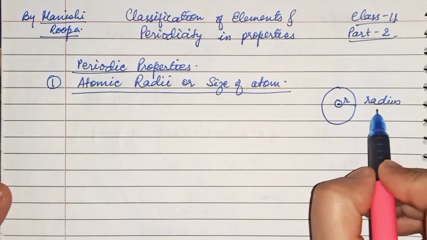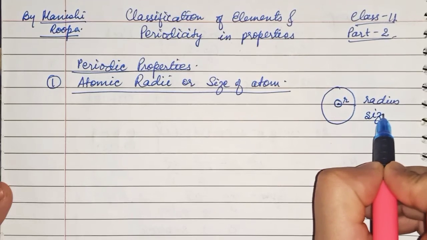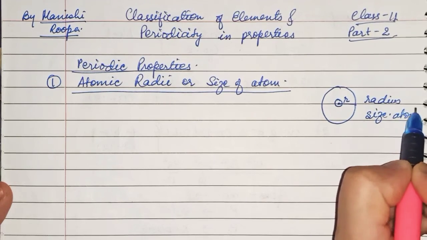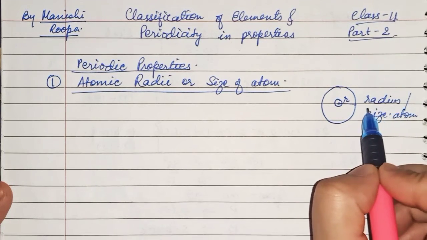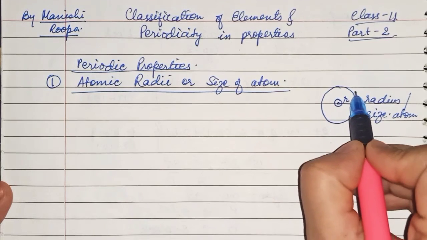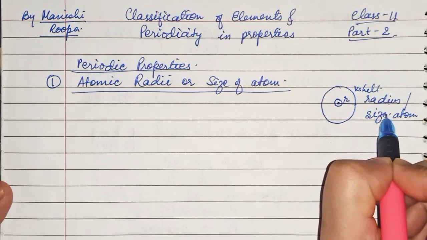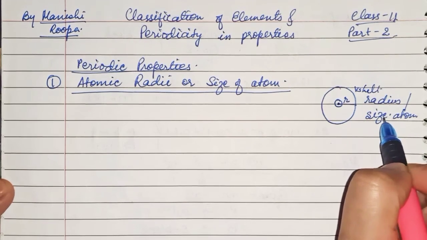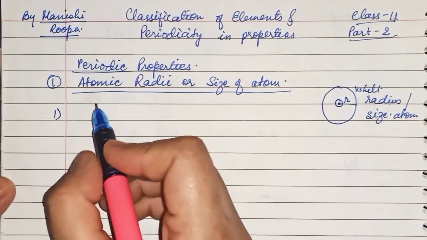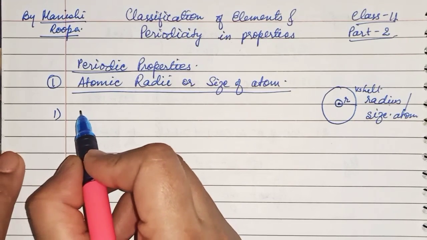So this will determine the size of the atom. This atomic radius, or the distance between the nucleus and the valence shell, will give you the radius or size of the atom. So let's discuss how many types of radius there are.